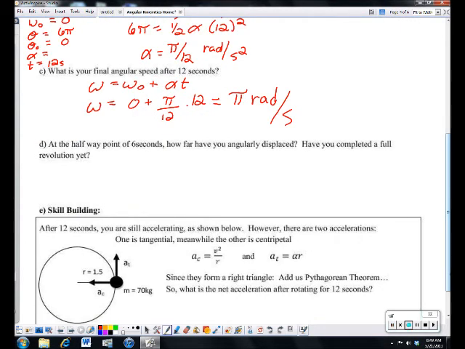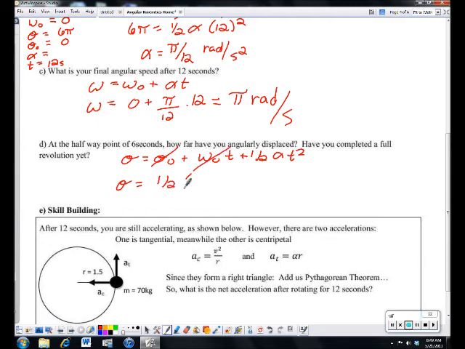Fun little second question. At the halfway point of 6 seconds, how far have you angularly displaced? This goes back to my first equation of my Power 3. I didn't make you use the third one. Theta equals initial theta plus omega times time plus 1/2 alpha t squared. Again, I'm solving for theta, with the first two terms being 0.